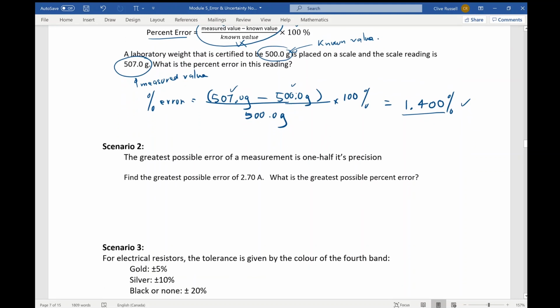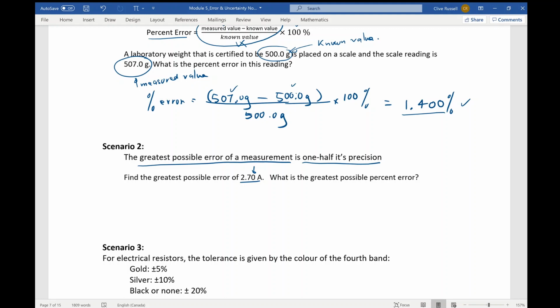Now our second example. The greatest possible error of a measurement is 1/2 its precision. We talked about that earlier on. So it says find the greatest possible error of 2.70 amps. So again, we looked in the last decimal place.